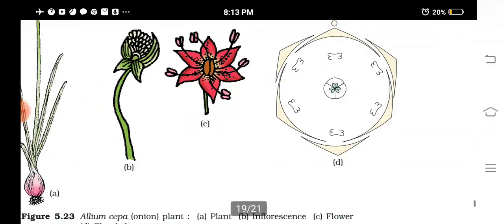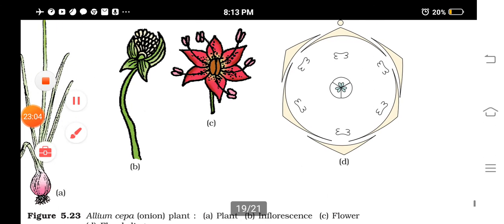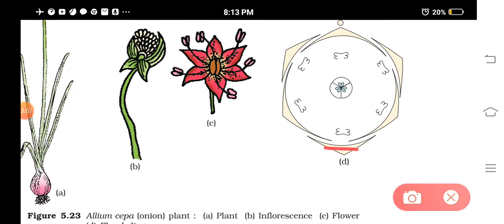You can see that petals won't be there. Instead, what is there? The perianth. How many in number? 6, but they are arranged in 2 layers, I said, isn't it? So you can see 1 here, 1 here, and another here. This will be in one level. And in the second circle you can see another 1, 2, 3.